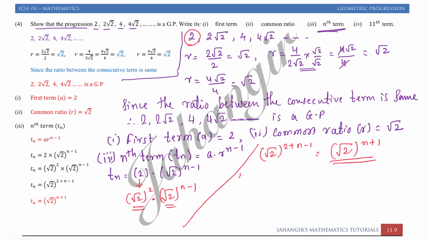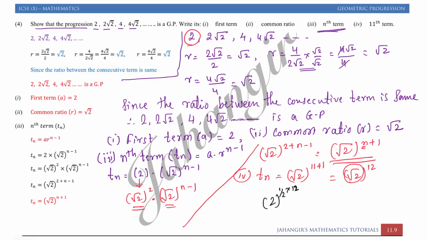Now in the fourth question you want the 11th term. So T11 is equal to root 2 raised to, in place of n I can put 11 plus 1. So that will give me root 2 raised to 12. See, whenever you are removing root, I can make it 2 raised to half into 12. This you had learned last year.